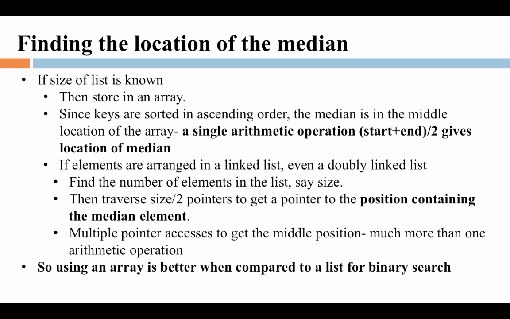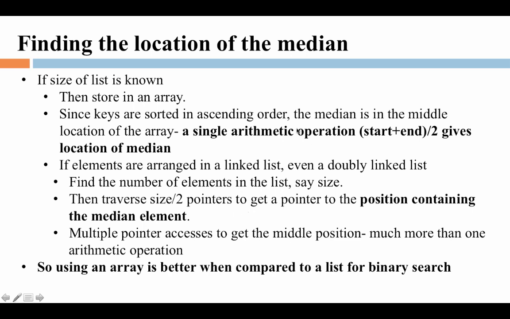Therefore, each pointer access is considered as one single operation, and one can assume that this single operation is the same in time as a single arithmetic operation. In other words, you can think of this as a single CPU instruction: one arithmetic operation compared with one pointer access operation.